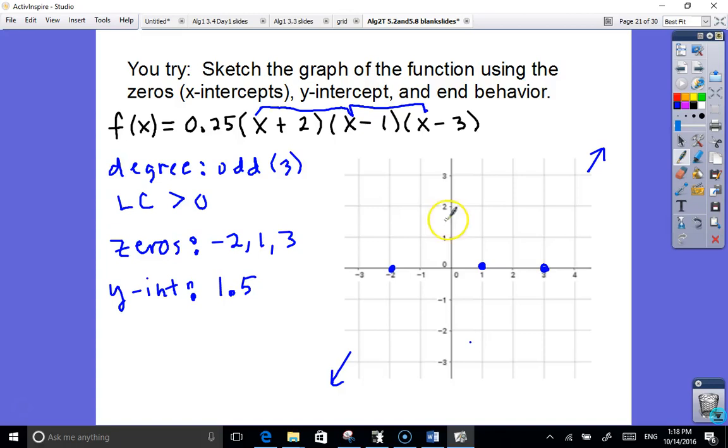And now we said the y-intercept is 1.5. So with those points, we should be able to sketch a graph. How about that? Okay, next.